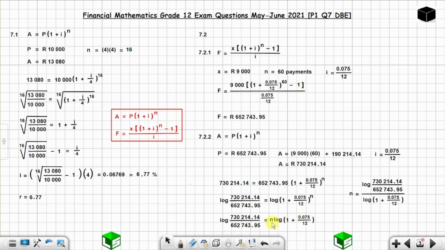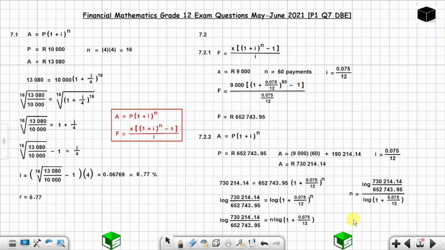On this side, I have N, and on this side, I have this divided by log of 1 plus this.